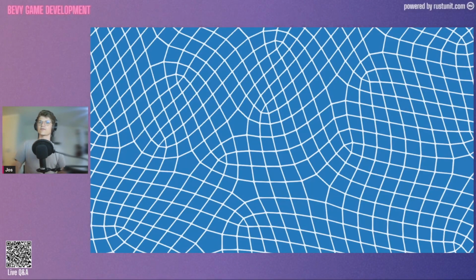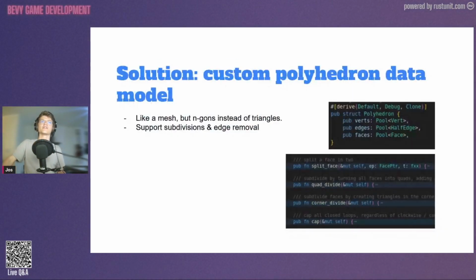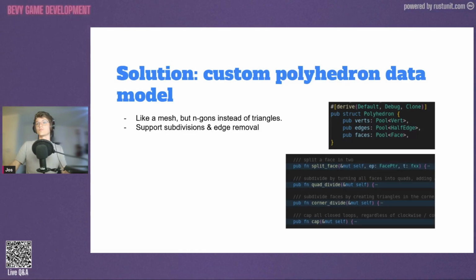So what's a data structure where you can store squares, pentagons, triangles? I decided on a polyhedron data model. It's like a mesh, but it can support up to n-gons. With this data model, I was able to support operations like subdivision and removing an edge between 2 triangles, for example, to make a quad.